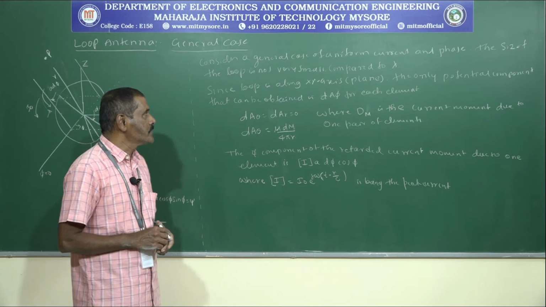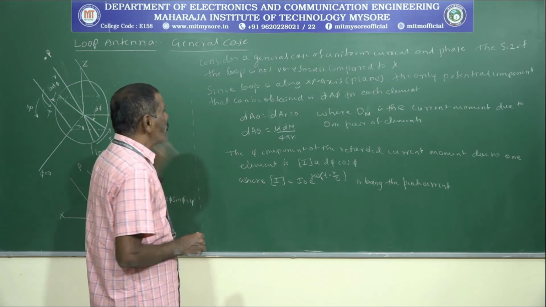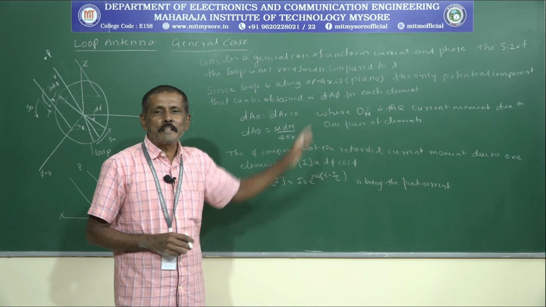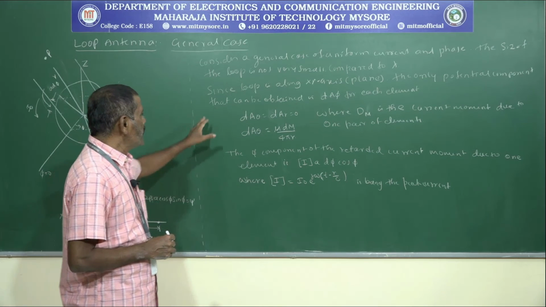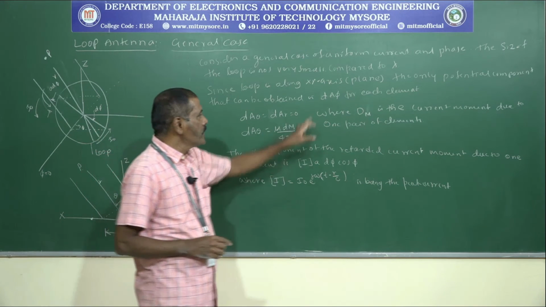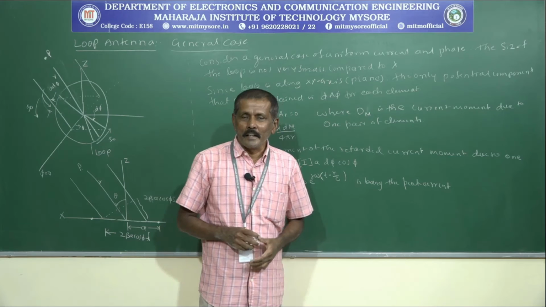Since this particular loop antenna is placed along the xy plane, the only component that can be obtained is dA phi for each element.